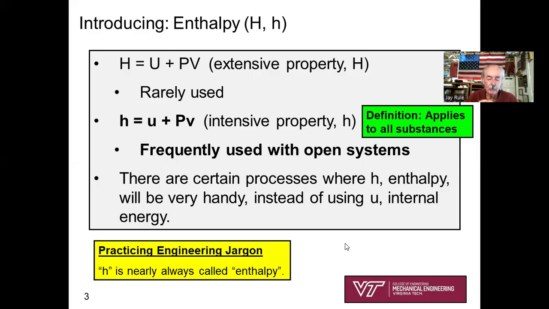And I'd say by far and away, the certain processes would refer to processes involving open systems. Okay, so anyway, do recognize that little h, we often call it enthalpy. Let's look at units. Since h is U plus P times little v, h is going to have exactly the same units as U, kilojoules per kilogram and or BTUs per pound mass.